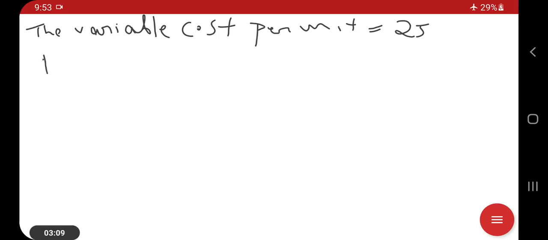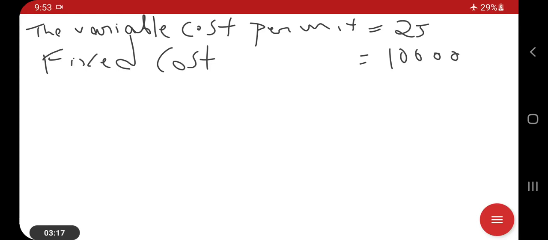Fixed cost is equal to 1 lakh. So variable cost per unit is 25 rupees, fixed cost is 1 lakh rupees.